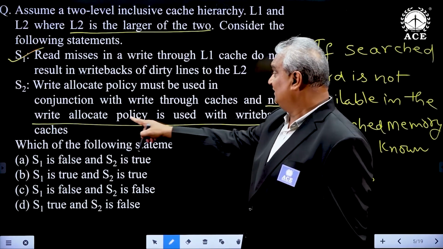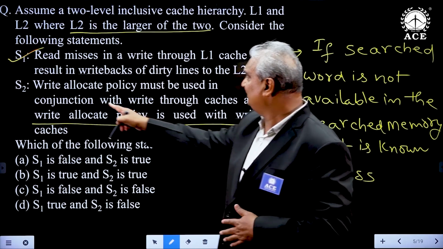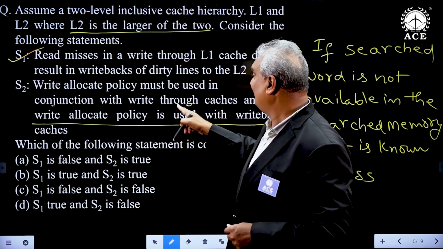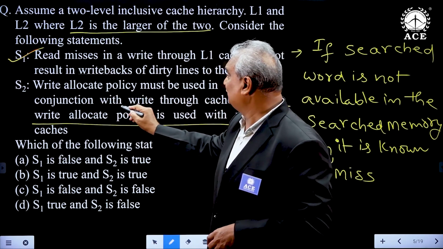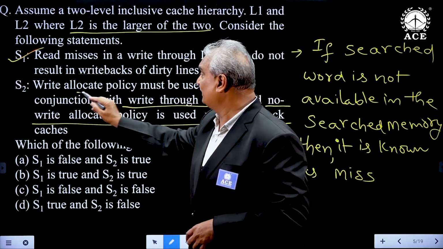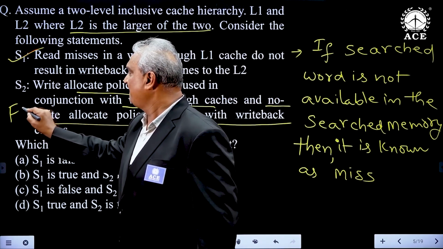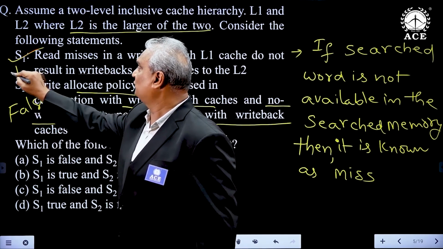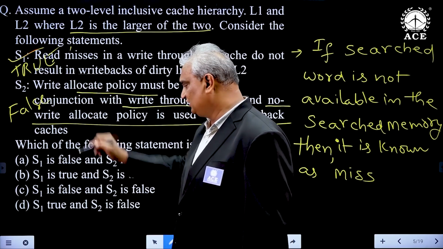Here, our statement is write through caches use no write allocate, but he says write through uses allocate. Because of this reason, S2 is false. S1 is true, S2 is false.